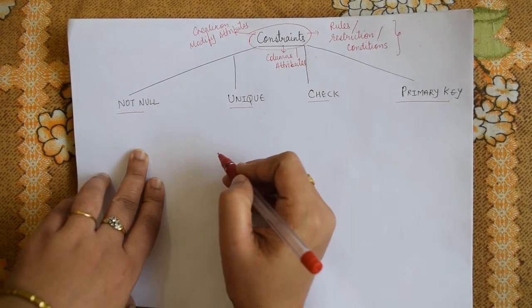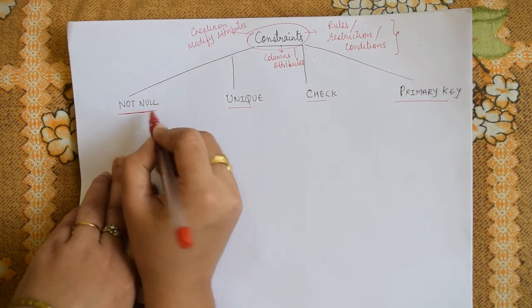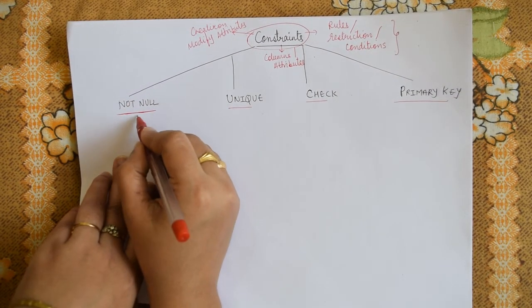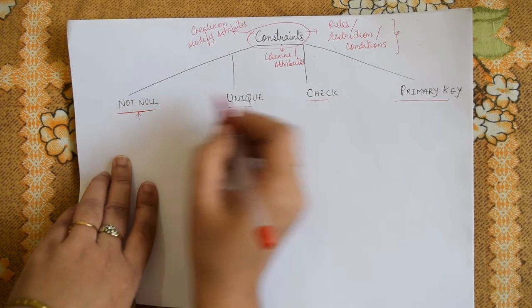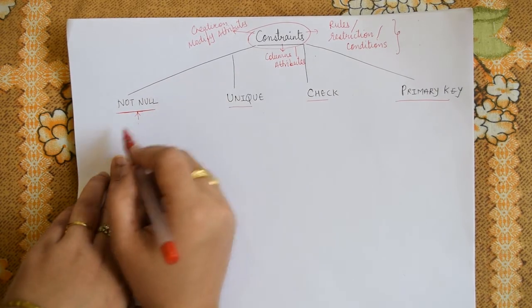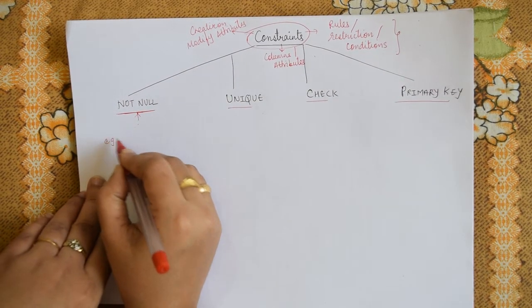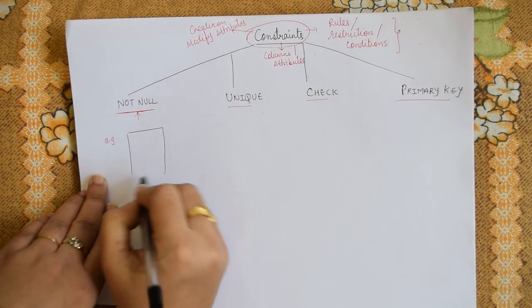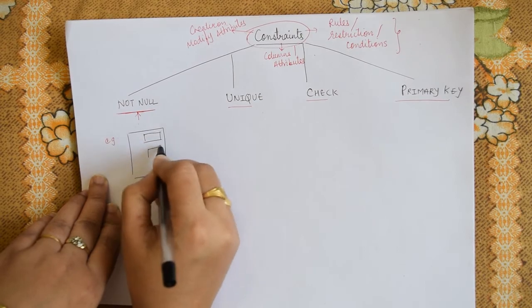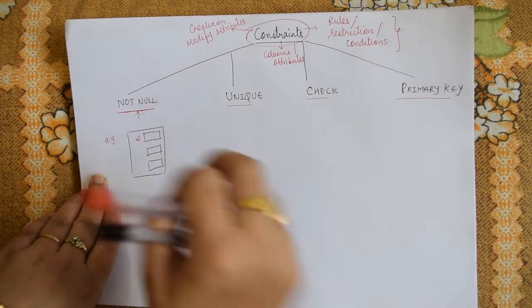Starting with the not null constraint, as the name indicates, it should always have some value. The value of the column or the field should not be null. For example, when we fill any form, it has some fields which are marked with an asterisk or a star notation, correct?